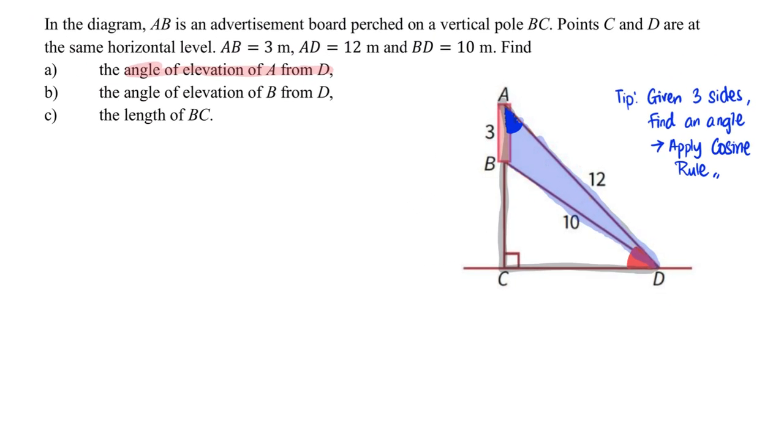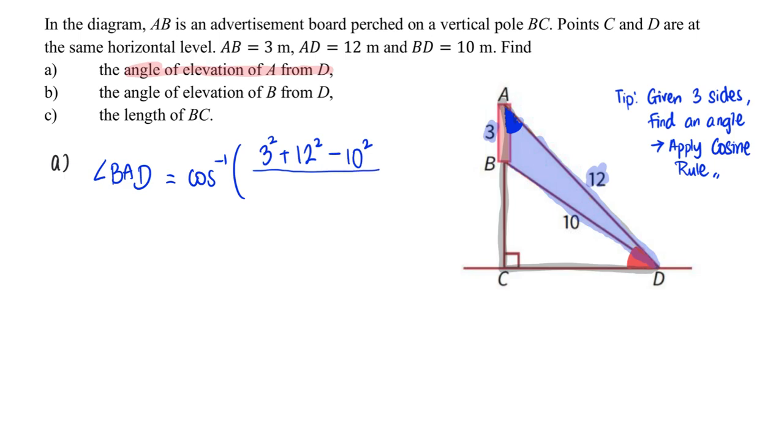So for part A, step 1. To find angle BAD, I'm applying the cosine rule, so it will be the cosine inverse of the 2 sides that make the angle, 3 square plus 12 square minus away my 10 square, divide by 2 times 3 times 12.